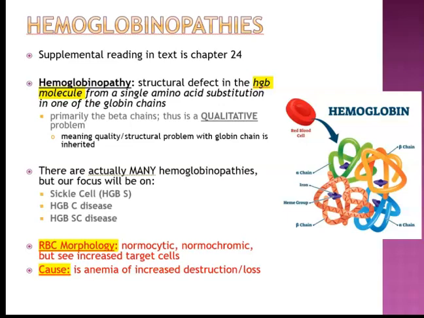For the red blood cell morphology, the red blood cells are normocytic, normochromic, but you will see an increase in those target cells we discussed earlier. The cause is an anemia of increased destruction or loss.